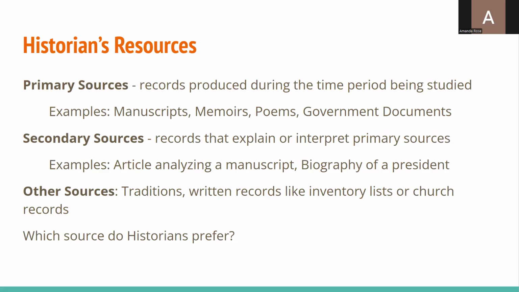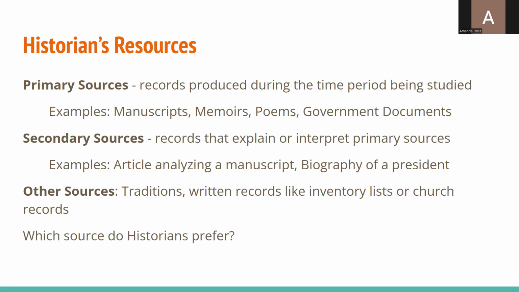So primary sources are derived from three basic historical resources: artifacts, oral traditions, and written records. Primary sources equals artifacts, oral traditions, and written records. Secondary sources would be things like an article analyzing the music of Bach, a biography of President Lincoln, a book about the Puritans, essays on Napoleon's military tactics.